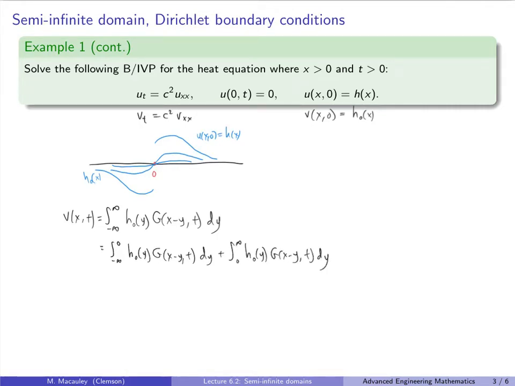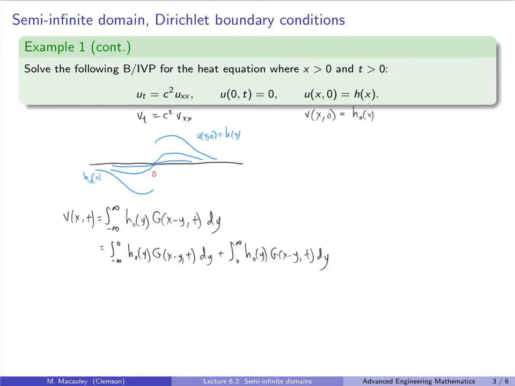Let me remind you that I could stop at our first line. That is the solution. There's nothing wrong with that. It's just nicer if we could write things in terms of the original functions, and we will exploit symmetry to do this. So we're just going to simplify this a little bit.